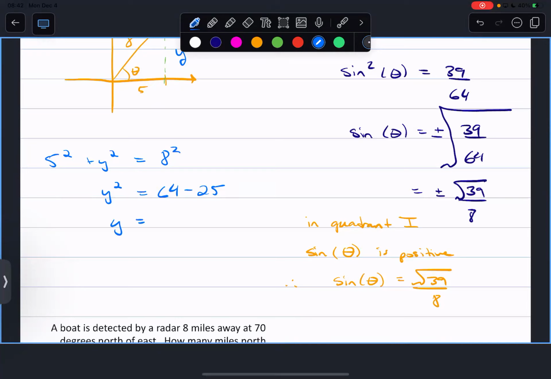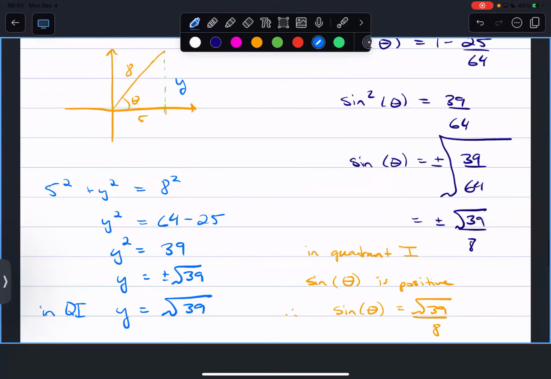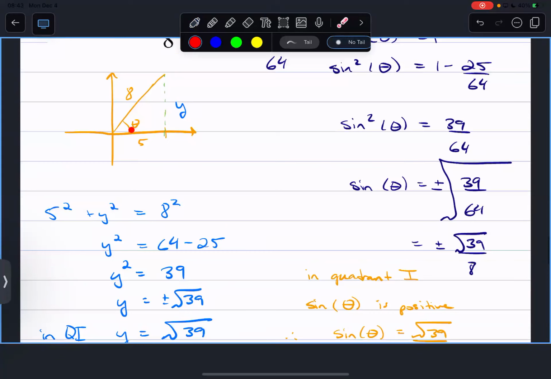Well, wouldn't you know it? y squared is 39, so y is plus or minus the root of 39, right? But again, in quadrant 1, y is just the root of 39.